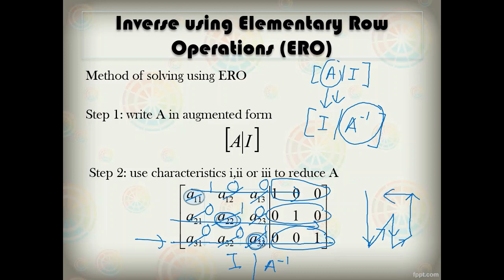The process is you reduce this, go down, and then go up to A22, reduce to 1, reduce next to 0, and then go here, reduce this to 1, and go up, and then go to the left. This is the last element that should change. This is the first. Go down, go up, go down, to the right, go up, go to the left. So that is the flow to change the element.